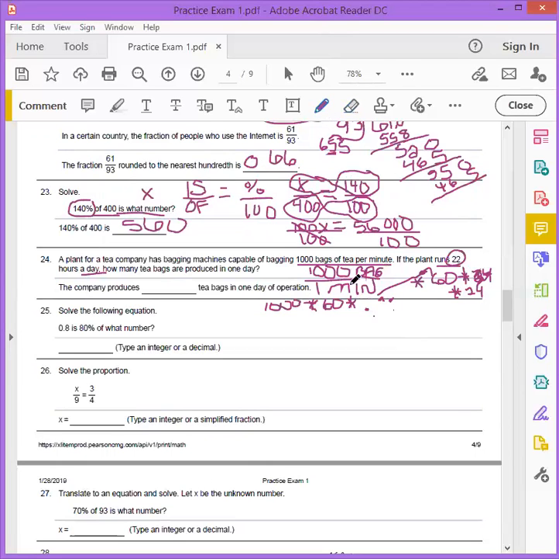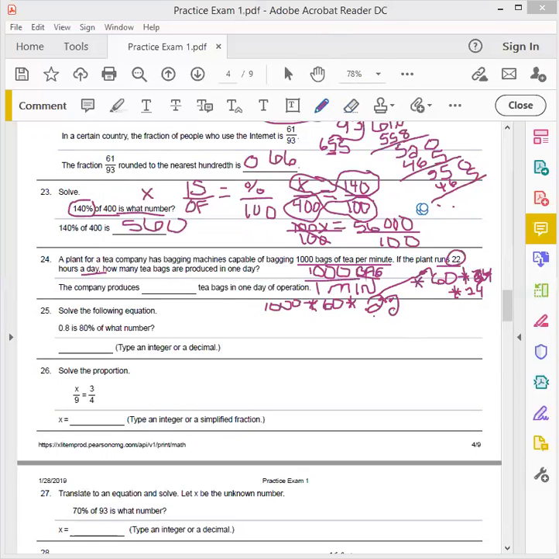That will give us 22. Multiply all these numbers together is what we want to do. So you're multiplying the 1,000 bags per minute times the 60 minutes in an hour times the 22 hours in a day.